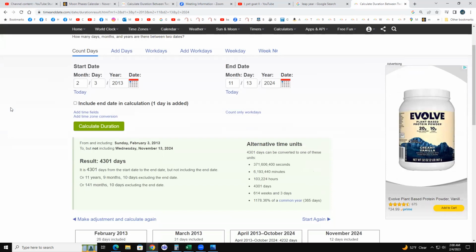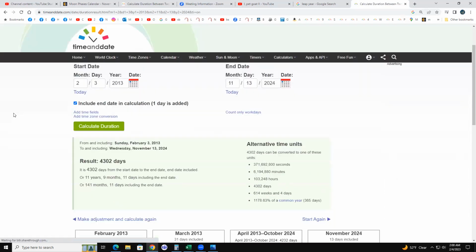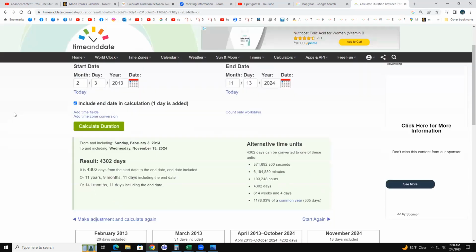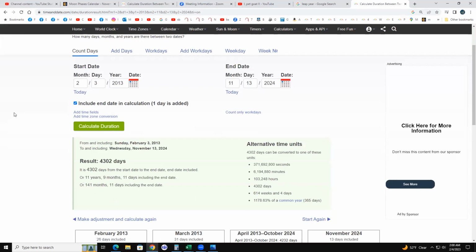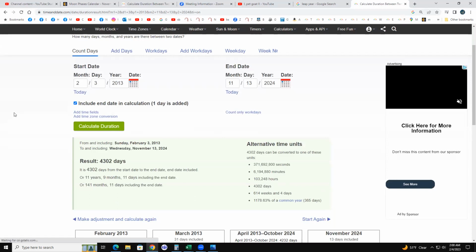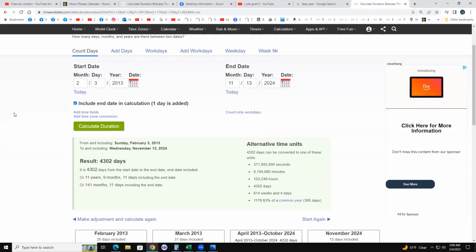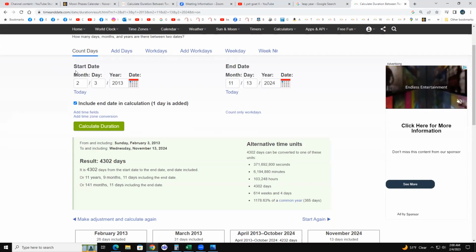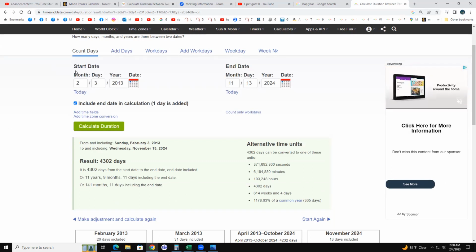Look at this. 11 years, 9 months, if you include both dates, 11 years, 9 months, 11 days. That is serious business. 4302. We know the 02 is for Earl. The 4 Trey, the 43, just big in the personal realm, but are you kidding me with this 11/9/11?